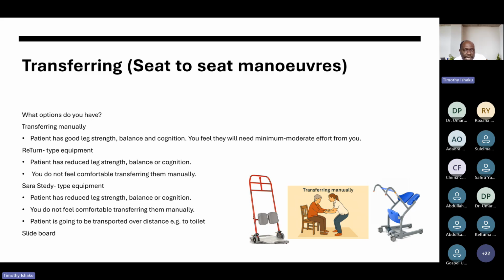Then in terms of handling, there is equipment that can help us transfer patients from their bed to the chair or from the chair to the bed. The first one is the red one, which is called a Return. The Return is a very nice, beautiful piece of equipment that is very stable.